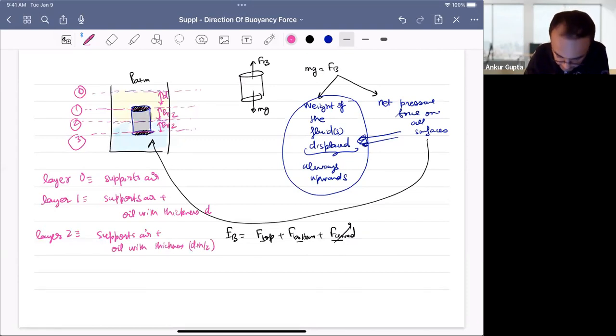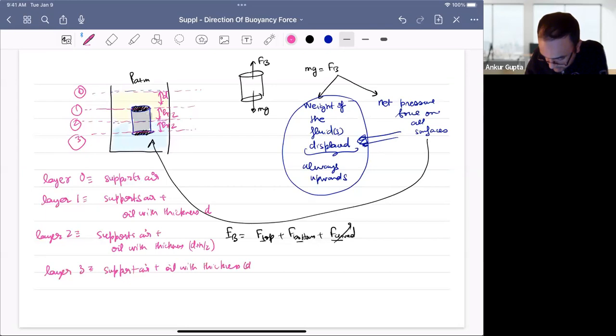Let's keep going. Layer 3 will support air, this oil with thickness d plus h by 2, plus water with thickness h by 2, right? So that's the key point.